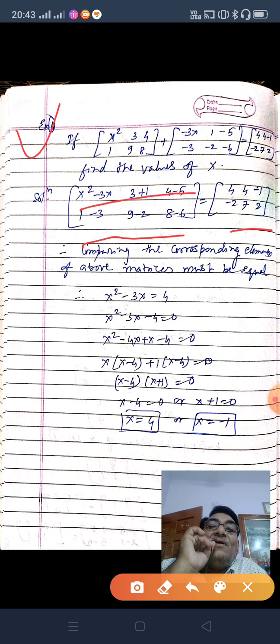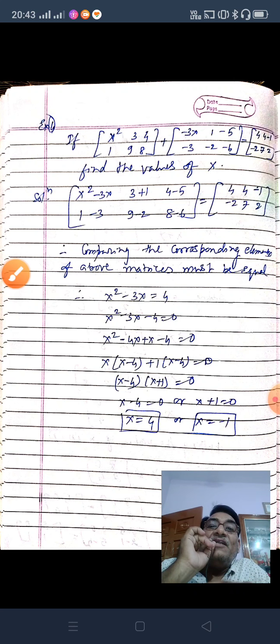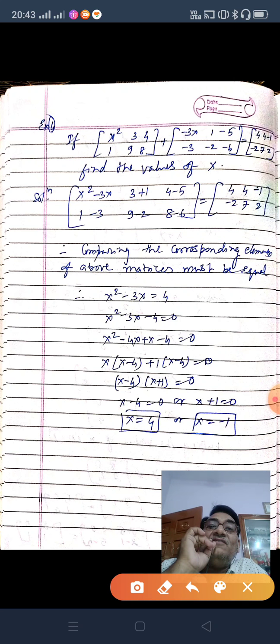Comparing the corresponding elements, because these two matrices are equal as per the definition, the corresponding elements of the above matrices must be equal. Therefore, x square minus 3x is equal to 4, and x square minus 3x minus 4 is equal to 0. This is a quadratic equation. After factorizing, you will get the value of x: x is 4 and x is minus 1. This is the answer.